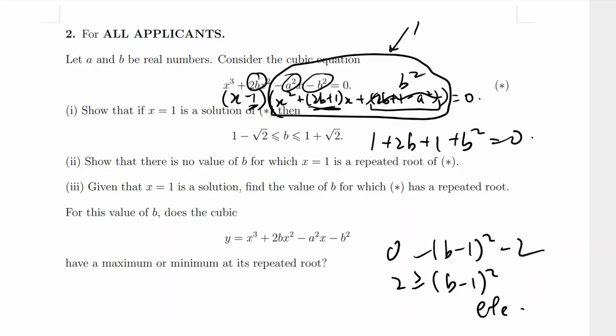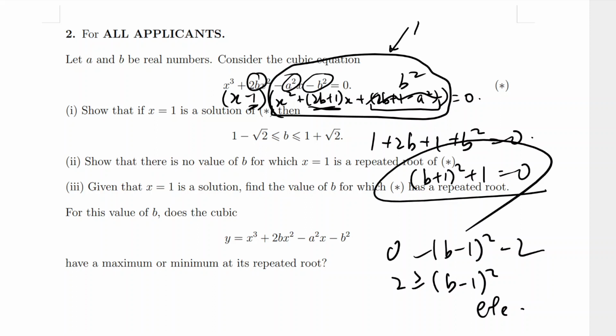But what does the left hand side factorize to? b plus 1 squared plus 1 equals 0. Is that possible? No, because b plus 1 squared is greater or equal to 0, and you're adding 1, even bigger. How could it hit 0? Never. So that proves that there's no value of b for which x equals 1 is a repeated root of star. Convinced?